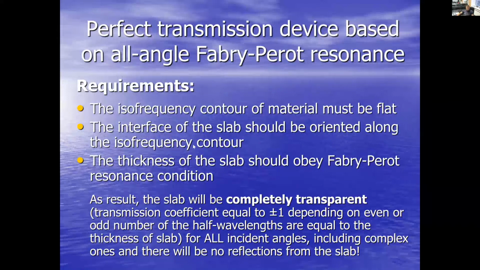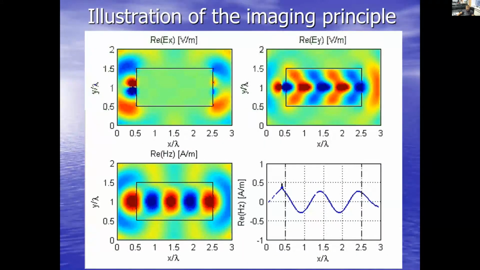You have to properly choose the thickness of the slab to obey the resonance condition, and not forget to orient your flat isofrequency contour properly, so your light crosses the slab rather than traveling in other directions. In this case, your slab will be completely transparent.